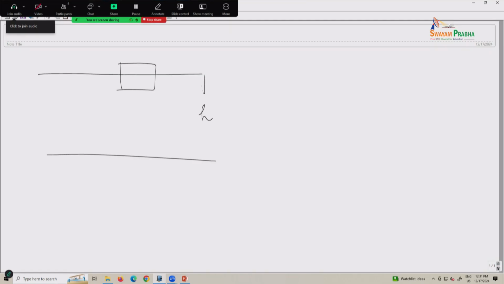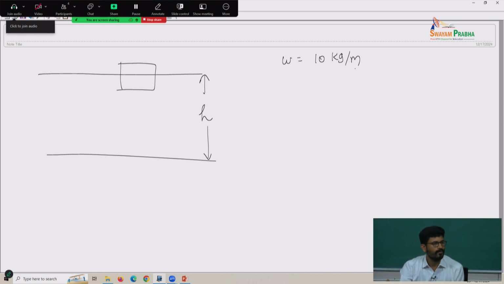So let us take the weight of your line as 10 kg per meter, which is the submerged weight. Basically, you can write it as Ws or W, right? Now let us take the water depth.